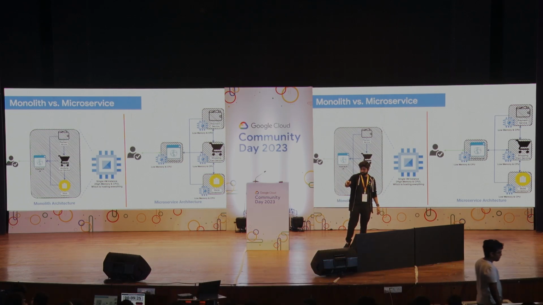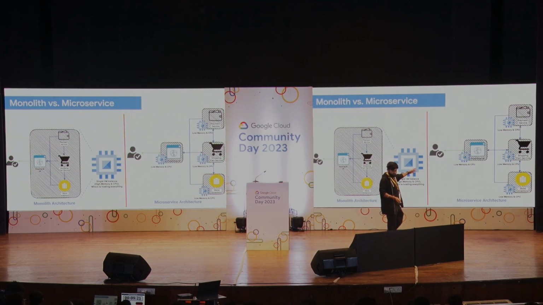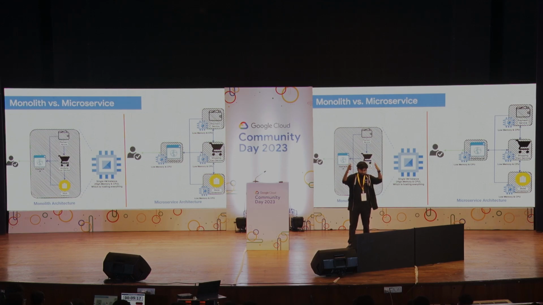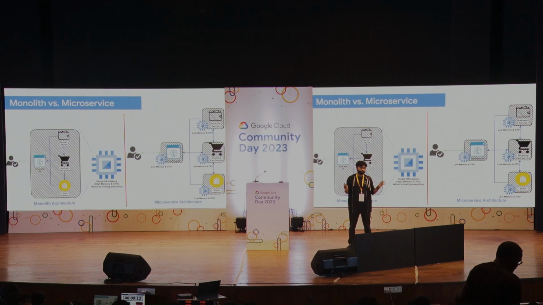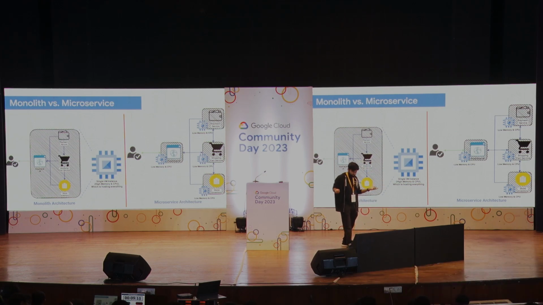I think in the previous talk, we already heard this term microservice, right? What we do is take our whole application and decouple its components into different containers, and we run those containers in an orchestration tool like Google Kubernetes Engine.